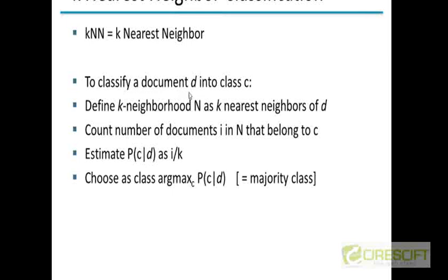So how do we classify a given document into a class C? Well, in the training phase, we don't do anything. We just store the coordinates of every document in the vector space, along with the labels, of course, because we are told what the label of each document is, so we know what colors each document has.